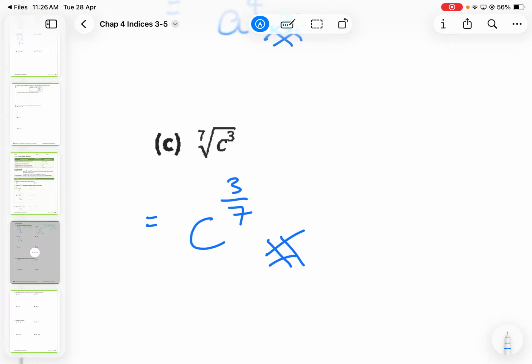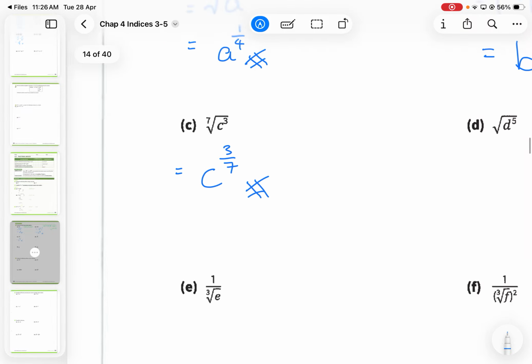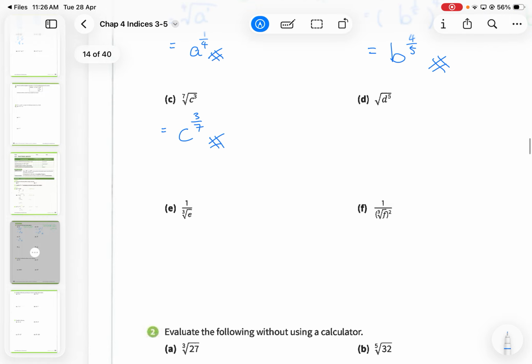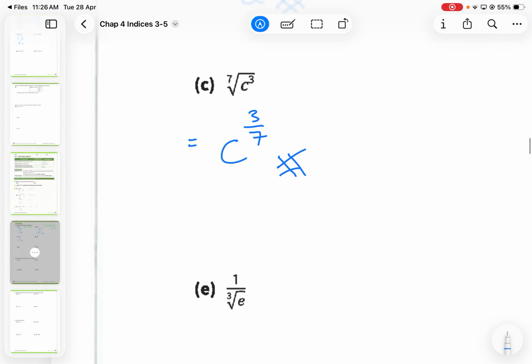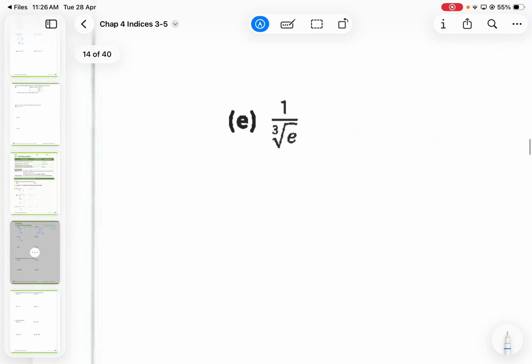So they want you to also realize that your index can be a fraction one. It doesn't need to be a whole number. Okay? It can happen that your index is a fraction.